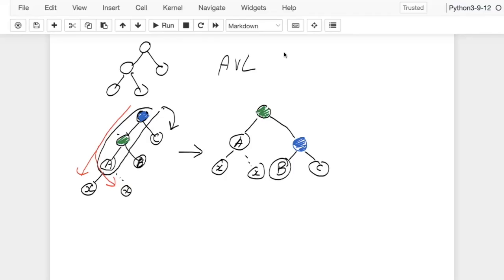Now let's look at the other situation where X is inserted as a child of B. X is here or here. And if we look at the path from blue down to this X, either here or here, the blue is the first one that's off balance.